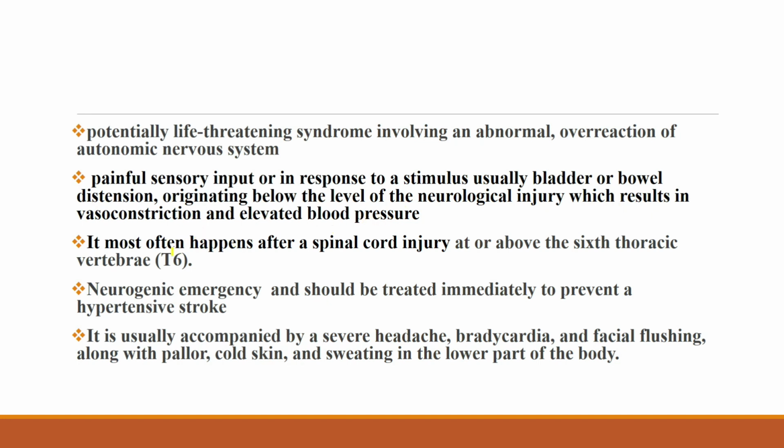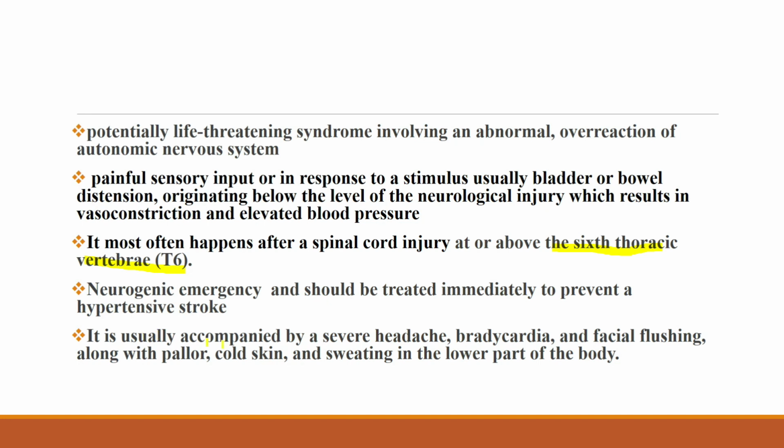Usually it happens after a spinal cord injury at or above the 6th thoracic vertebra, and it is a neurogenic emergency and should be treated immediately in order to prevent a hypertensive stroke.